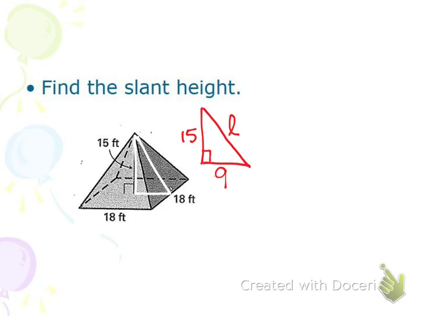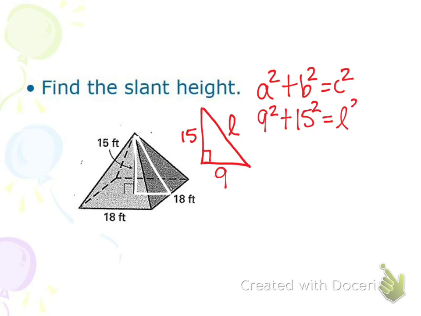Now, what do you think we're going to have to use to find the slant height? Pythagorean theorem. A squared plus b squared equals c squared. What should I plug in for a? 9 squared plus 15 squared equals L squared. What is 9 squared? 81 plus 15 squared, 225, equals L squared.